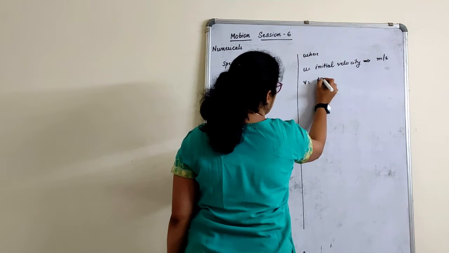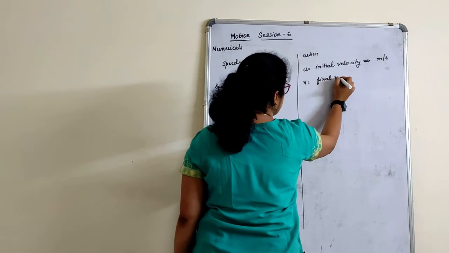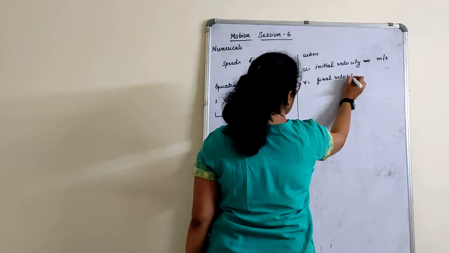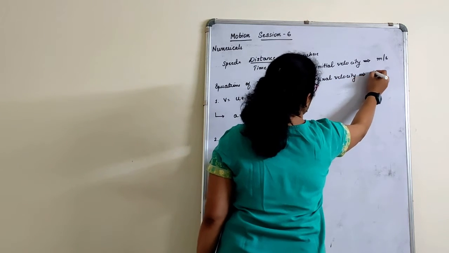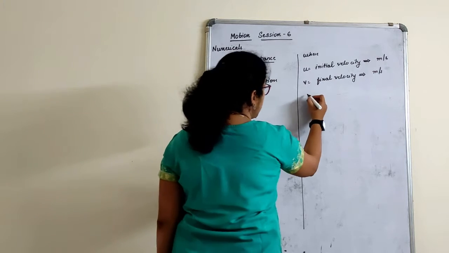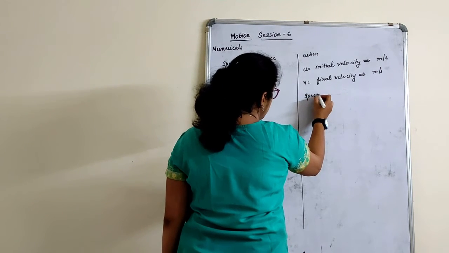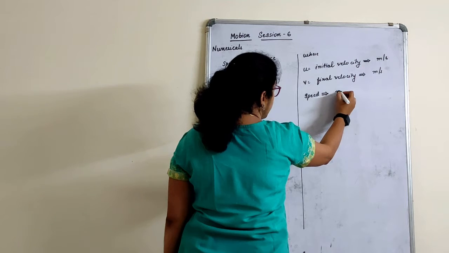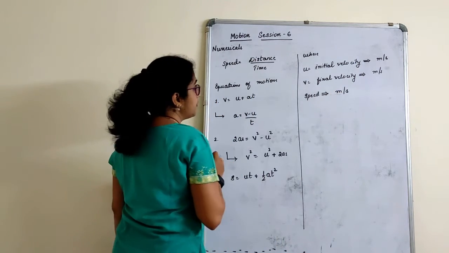V is equal to final velocity, meters per second. Speed is not given by S, speed is speed only. I will write here where speed was given by, also meters per second.